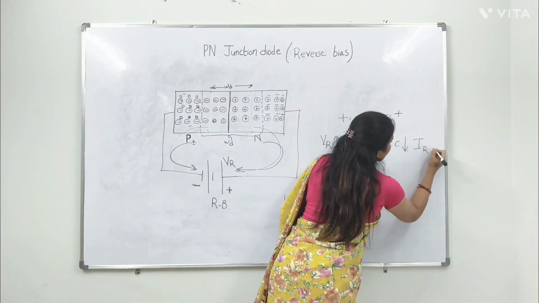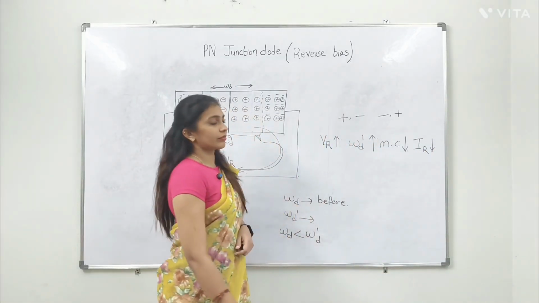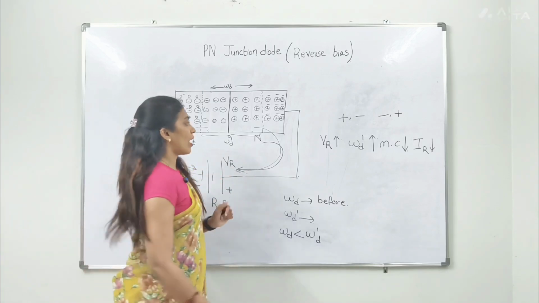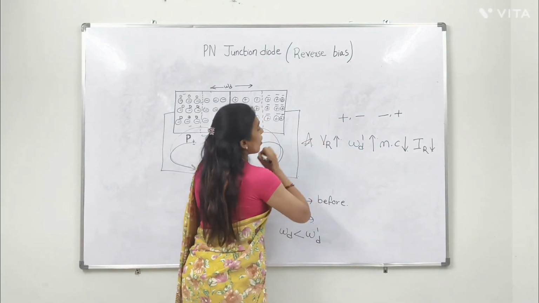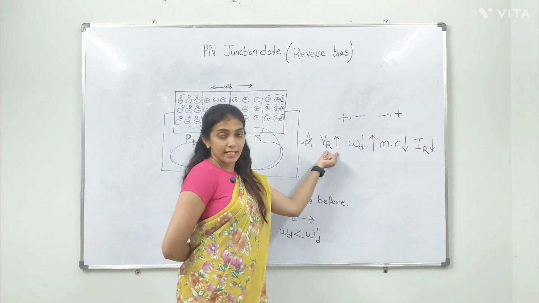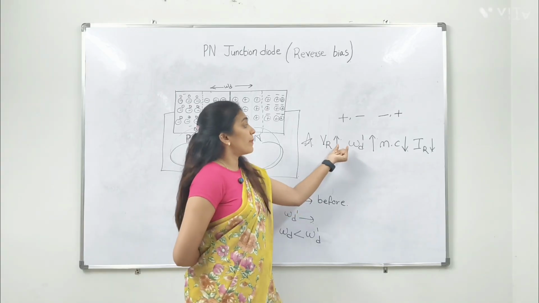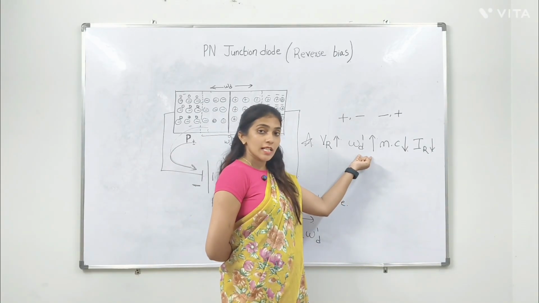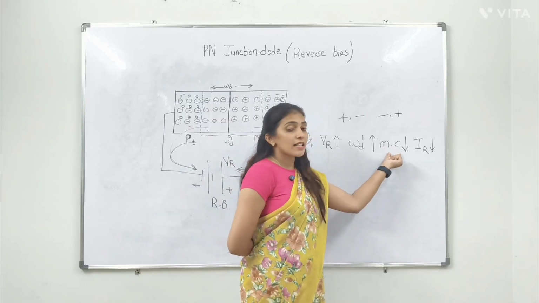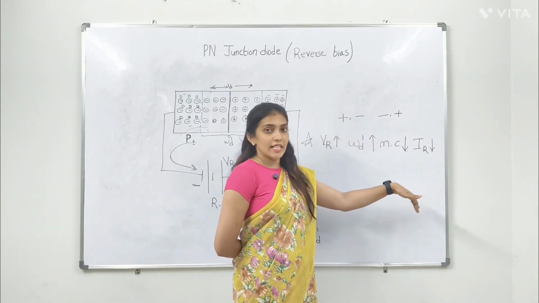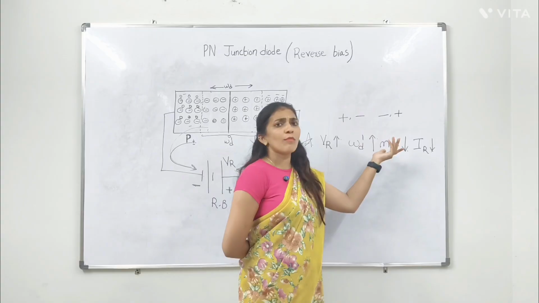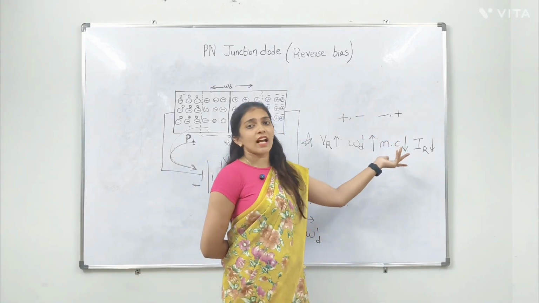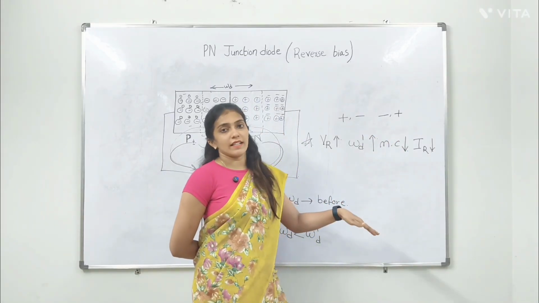So IR is decreasing. You have to remember this. If the reverse voltage increases, the depletion width increases. If the depletion width increases, the movement of charge carriers will decrease. Obviously, with no movement of charge carriers, the current will also decrease.